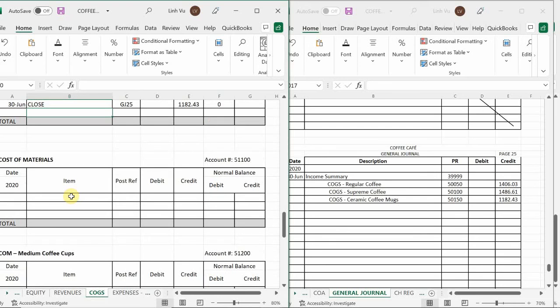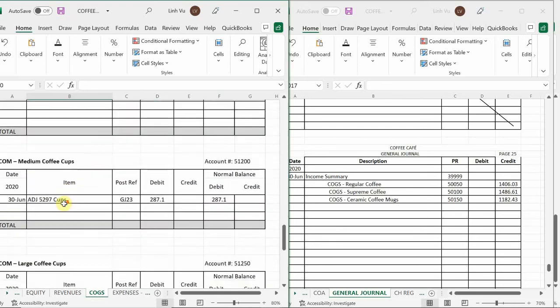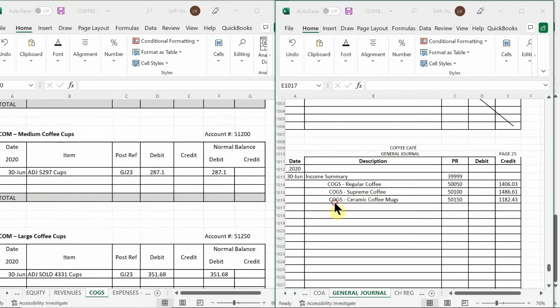And we have my cost of materials, right? So I have cost of materials for the medium coffee cups. Okay, account number 51200.